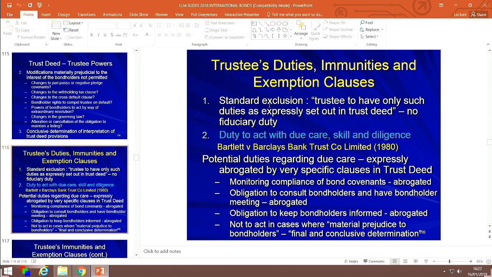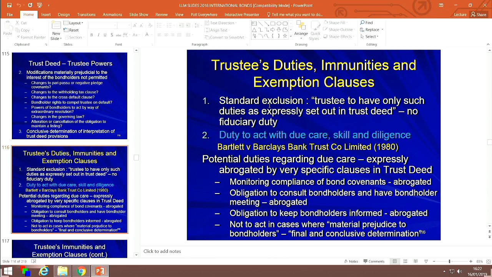Starting with, the trustee shall have no duty to monitor compliance of the bond covenants by the issuer. That obligation which would arise under common law is abrogated. Two, the obligation to consult with bondholders and have bondholder meetings to decide what should be done in certain circumstances. Normal common law duty, abrogated by a specific clause.